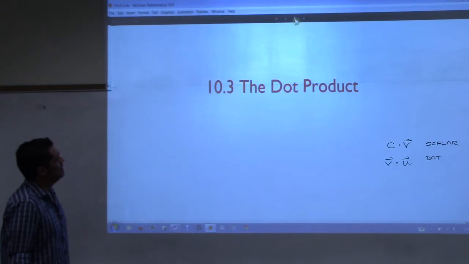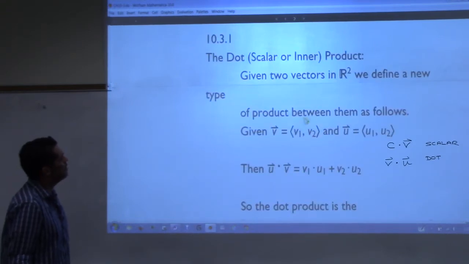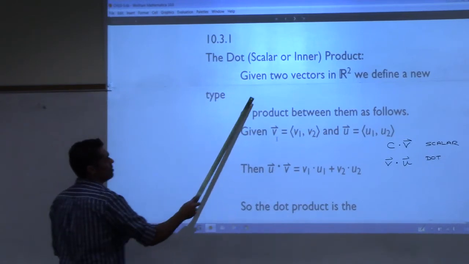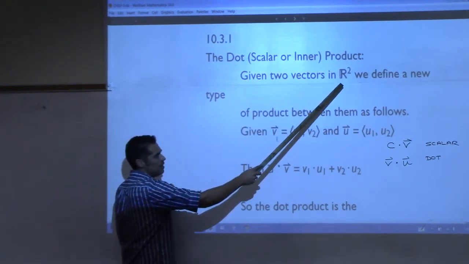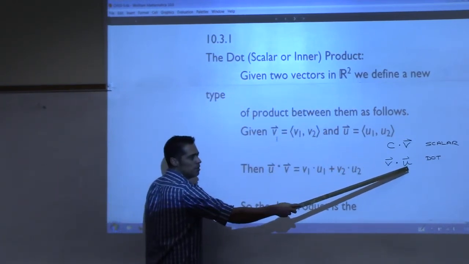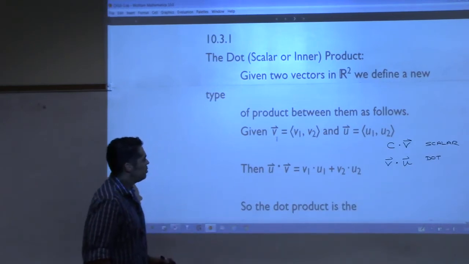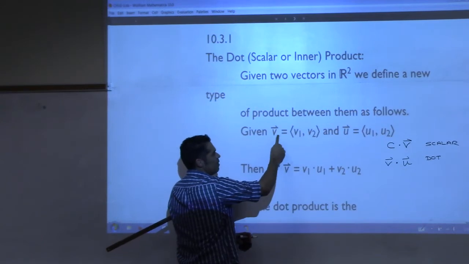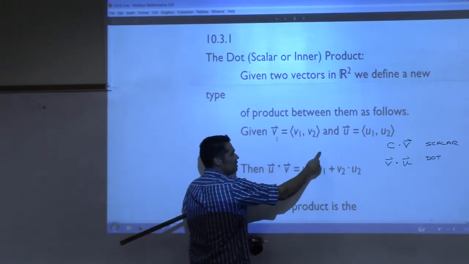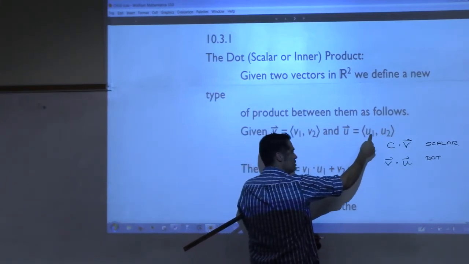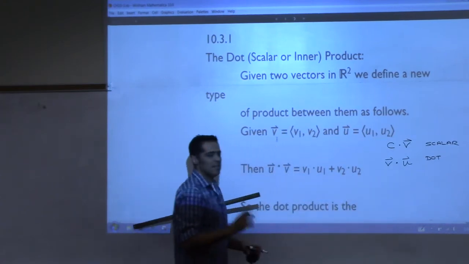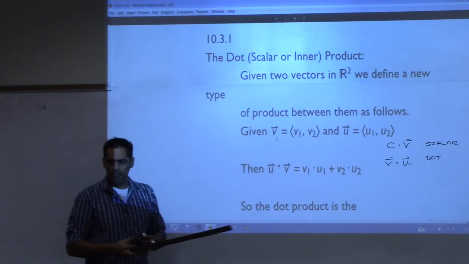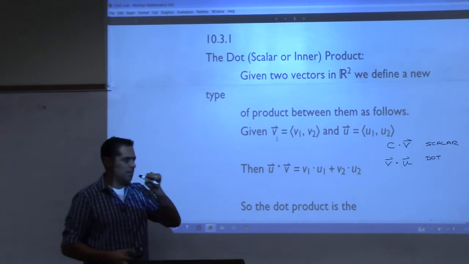So first of all, if you're given 2 vectors in 2-dimensional space, like v and u, and you want to dot them together, v is a vector with 2 components, v1 and v2. u is 2-dimensional with 2 components, u1 and u2. Then for the dot product, we use this bolded dot. It's not the same multiplication dot.